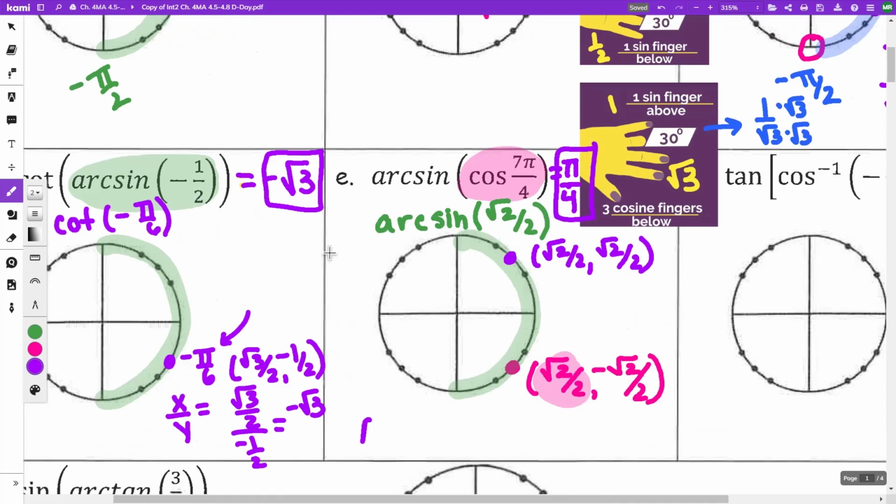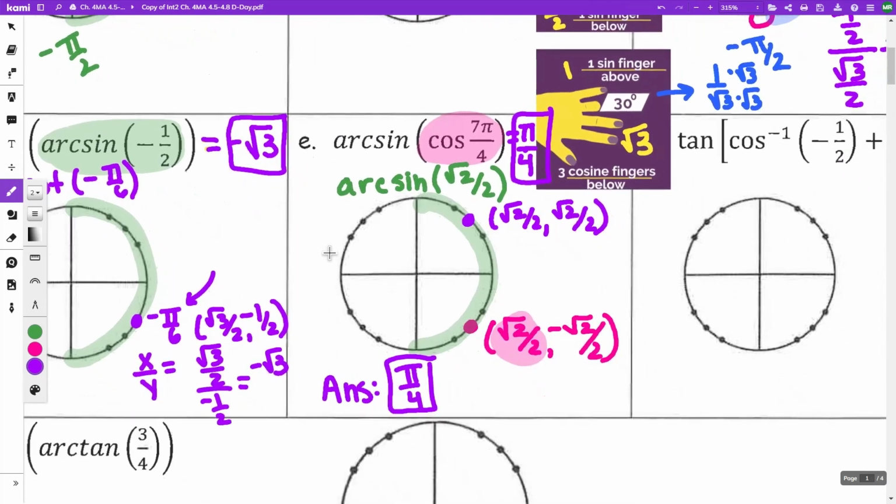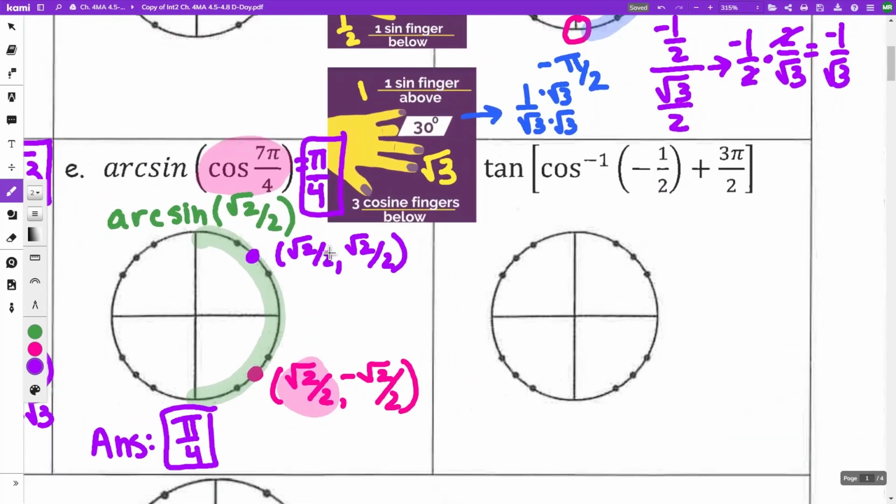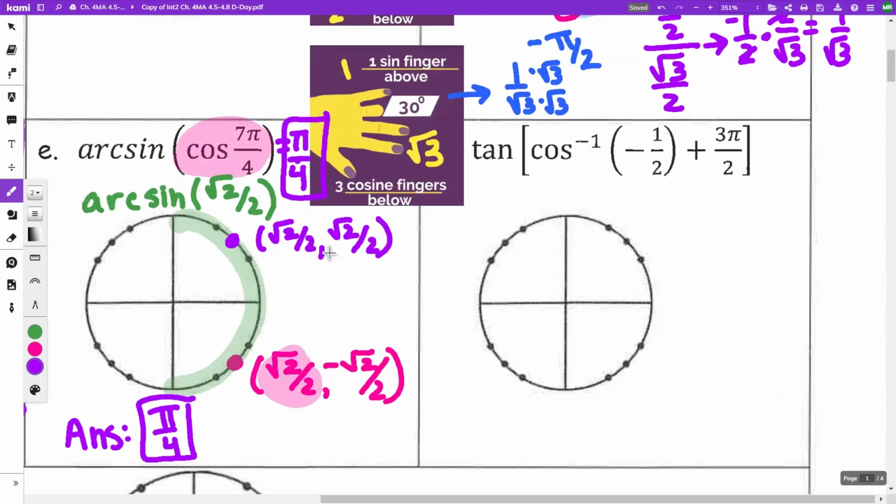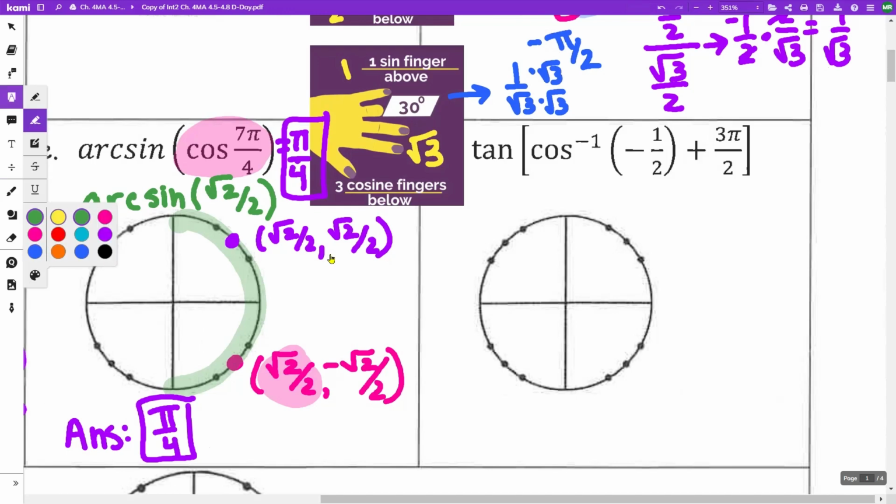Okay. Answer, pi over 4. On letter F, this one has a lot going on here, but I'm going to do what's inside first. Now we notice there's two things inside here. The thing I'm going to focus on first is going to be this. Let's figure out what that is.